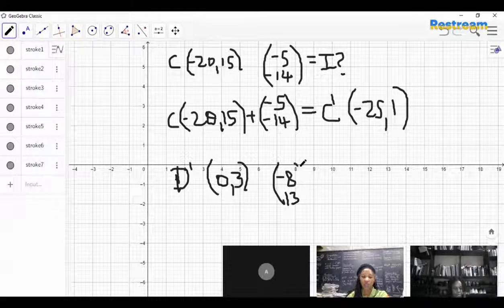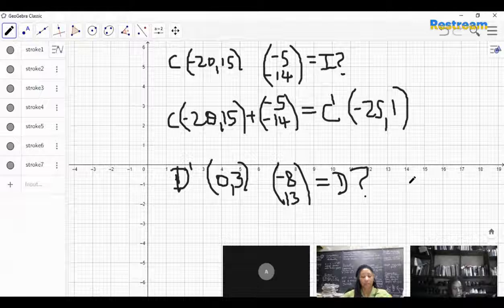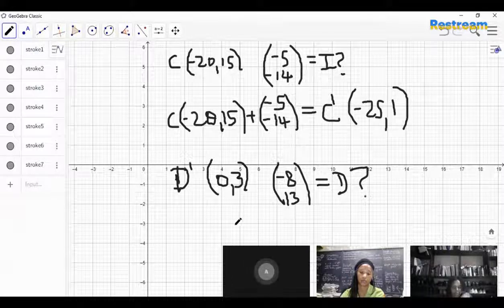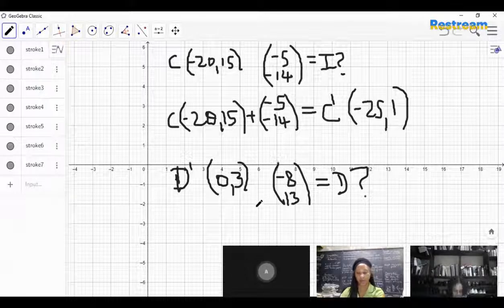I want to know what was the original point D. Miss, first, looking at the image of D, which is 0, 3, and the vector that was used to translate the object is -8, 13, so we change the signs, so it'll be 0 plus 8, so 8, and 3 minus 13. So why are we changing the signs?